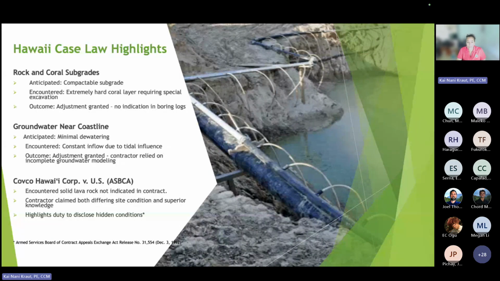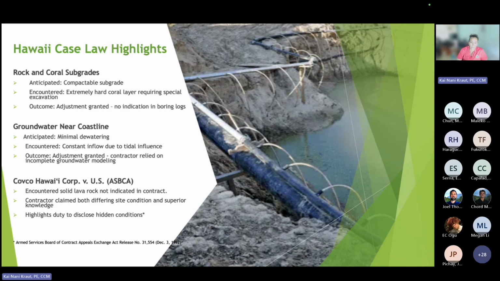Okay, so some of the case law examples might be coral or rock subgrade, that it's anticipated to be compacted subgrade, but instead they encounter extremely hard coral, blue rock, those kind of things that happen. And an adjustment is granted because there was no indication of that in the borings.